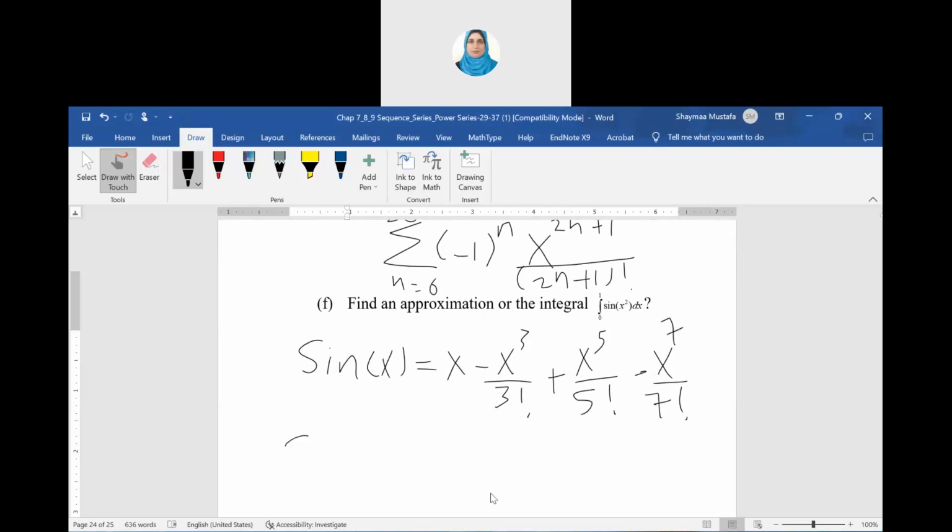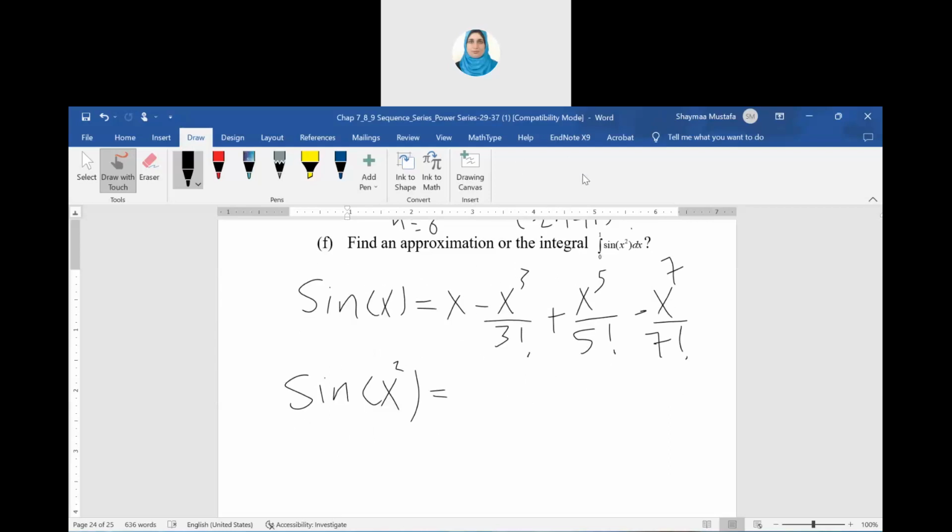So first we need to find the Maclaurin series for sine x squared. How can we find the Maclaurin series of sine x squared? What do you think? Yes, good, substitute x by x squared.